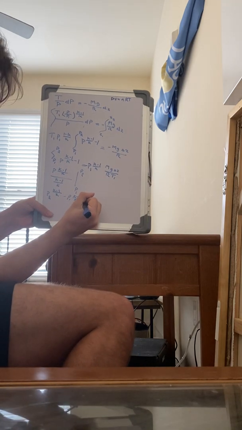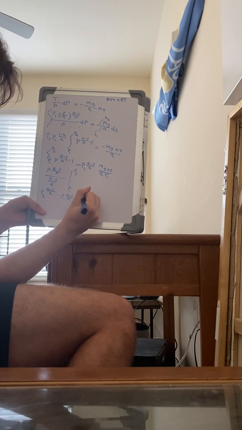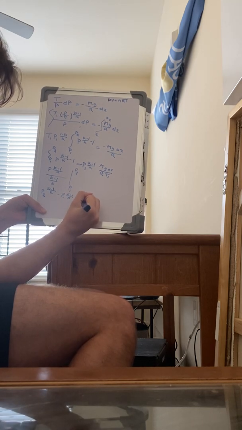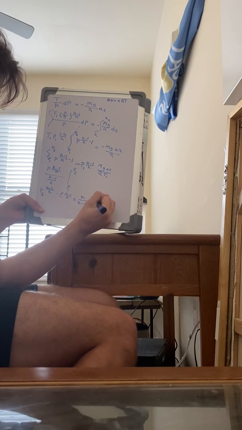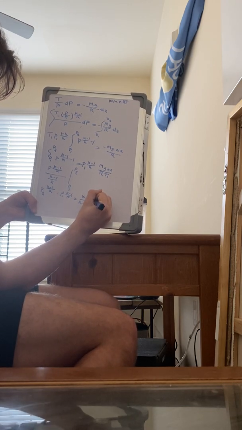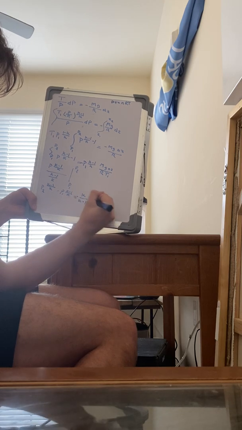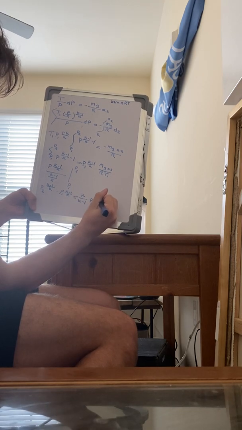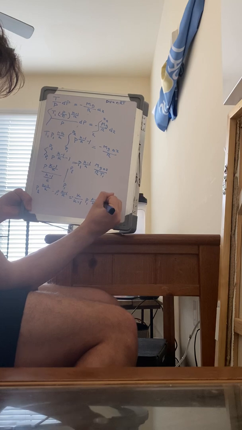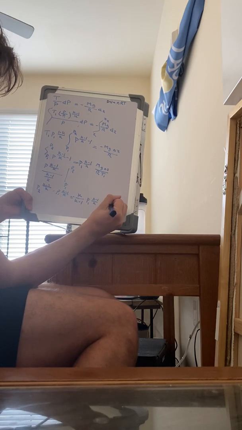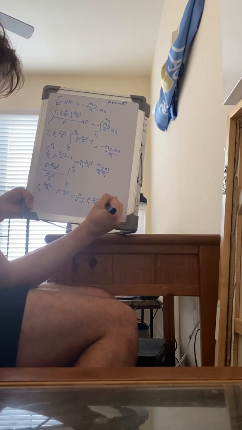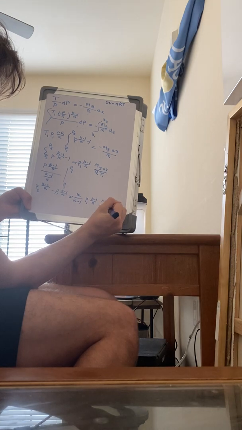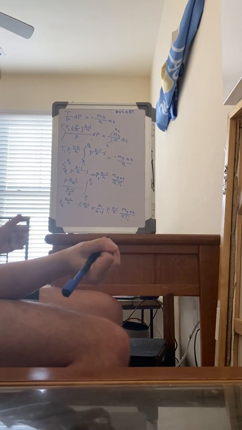So this is going to equal K over K minus 1 times P1 to the K minus 1 over K times mg delta z over R T1.